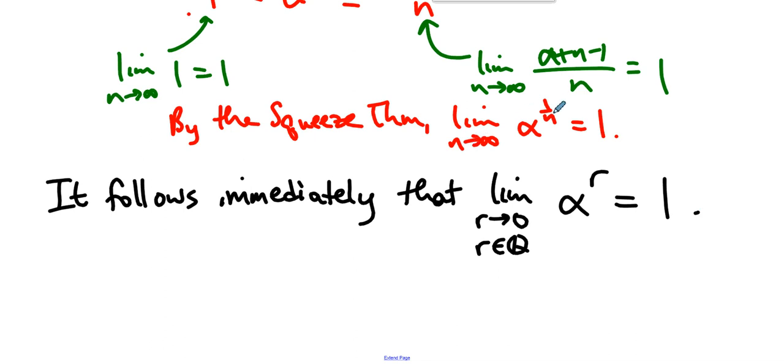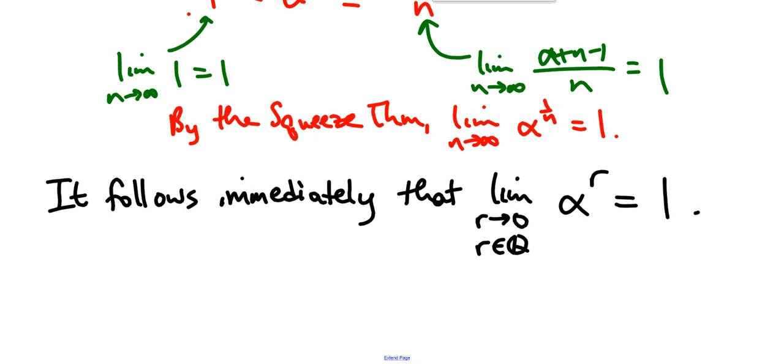As n goes to infinity, that goes to 0, and it doesn't really matter what the powers are. If this is going to 0 and it's rational, that limit is 1. And that's a sort of key result.